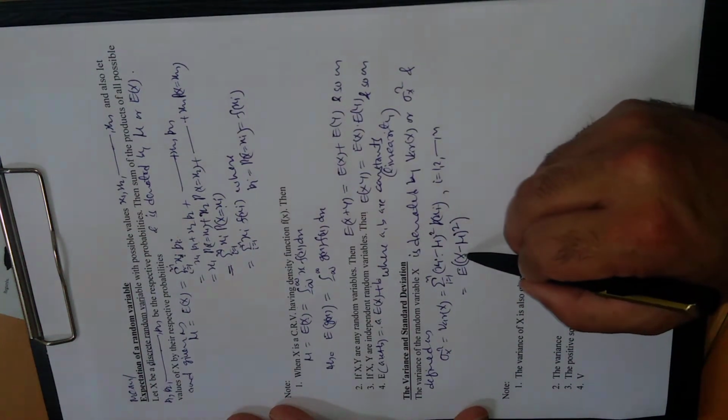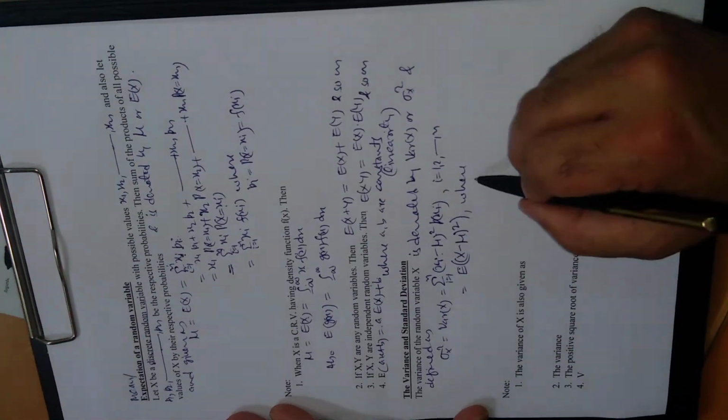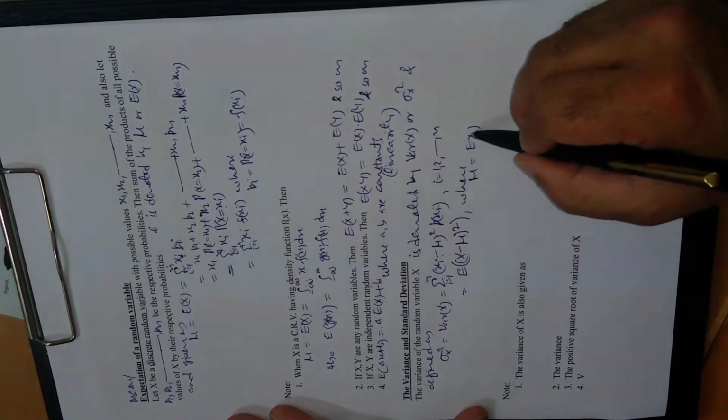All right, so I'm writing it in general, because xi belongs to x, where mu is the expected value of x.